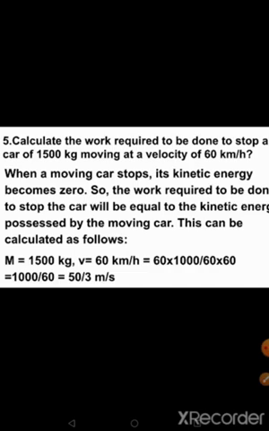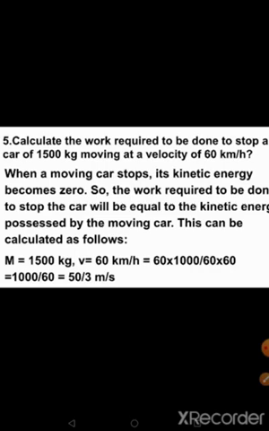Velocity is always in terms of meter per second. But see, they want you to calculate the work that is required to be done in order to stop a moving car. The mass of the car is given as 1500 kg and it is moving at the velocity of 60 km per hour. So, you all can ask me a question.